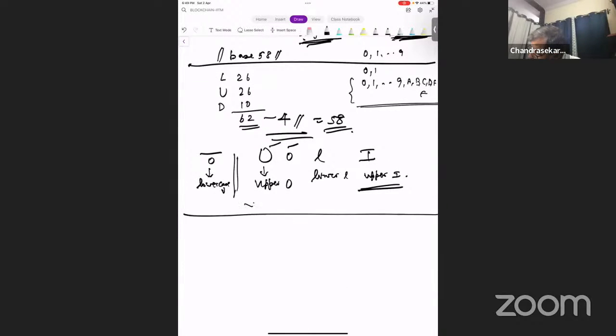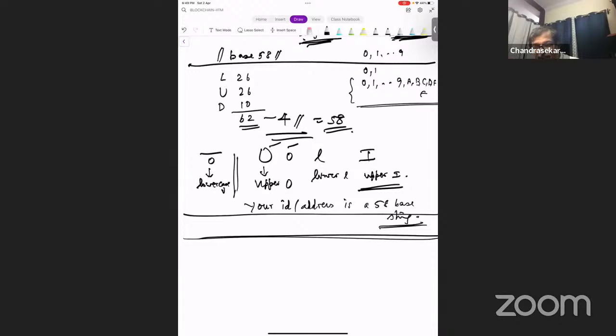Finally, your ID or address is a base 58 string. It's not a binary string, and this can be encoded in your QR code. It can be physically passed on. You can cut and paste, or you can receive it and use it. But what any user will do is give this as the address. This is the first thing.